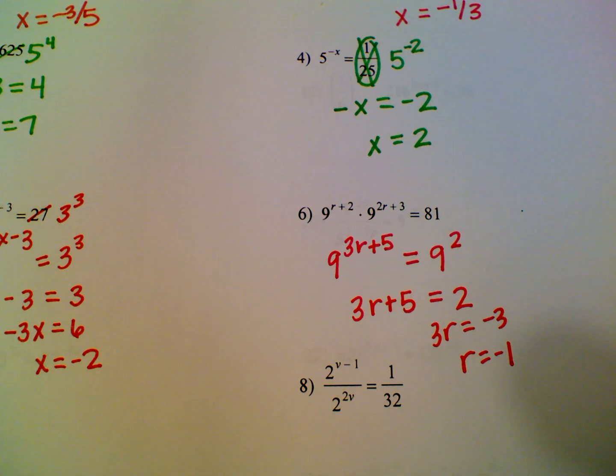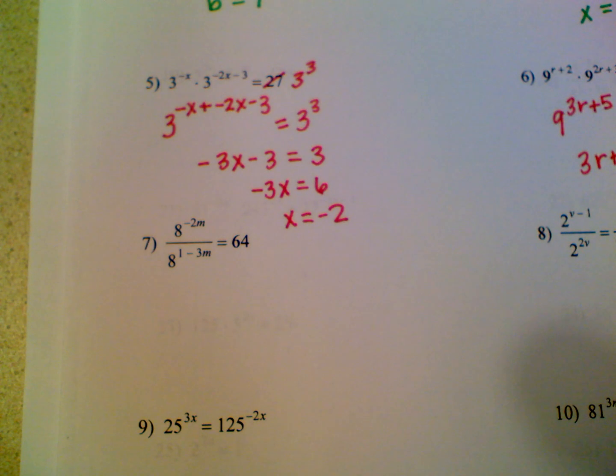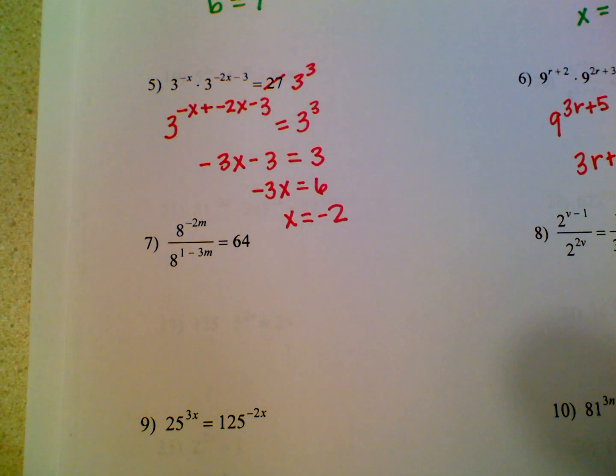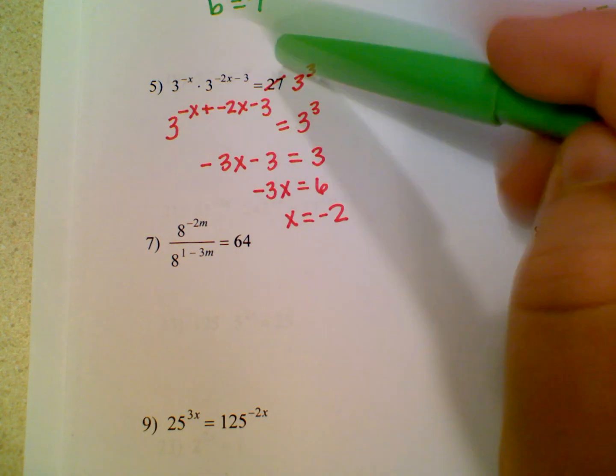All right, once again, they do get more complicated, so let's go ahead and check out the next set. Here we have the same base of 8, but in this problem, they're being divided instead of being multiplied. And so when you multiply two bases together, you add their exponents.